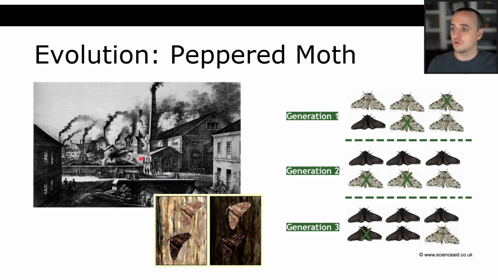However, through some genetic mutations that happened, some of them were born with a darker color, right? And so, if you have a light-colored tree, and you have some individuals that are blending into that tree, and some individuals that are standing out on that tree, and a bird flies by, it's going to very easily be able to see the individuals that are darker colored.